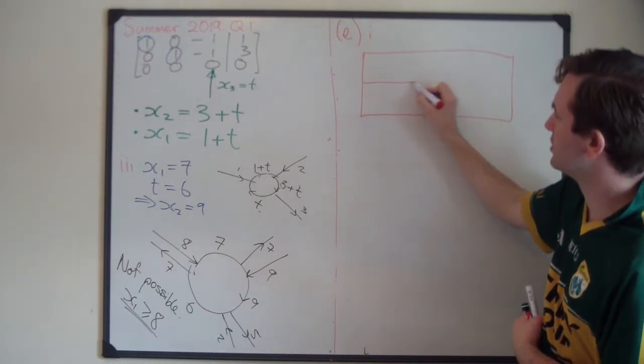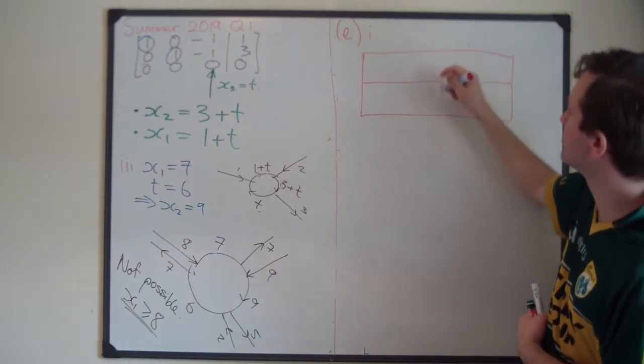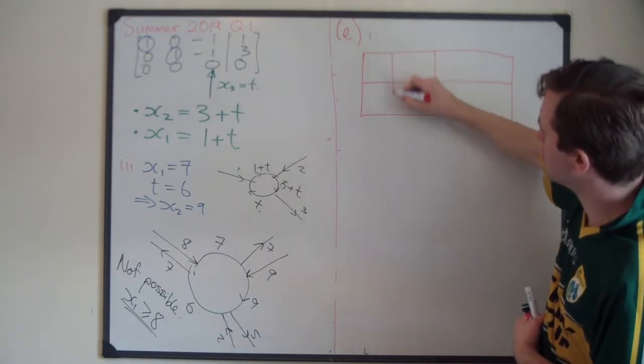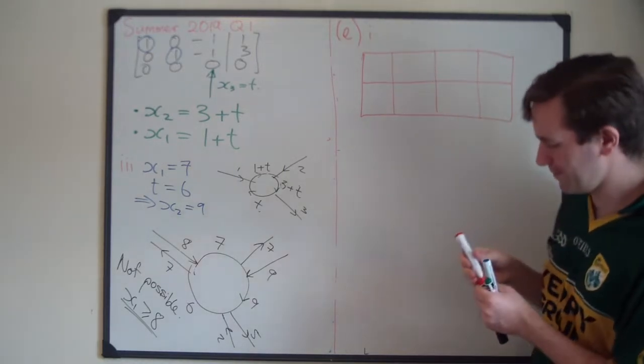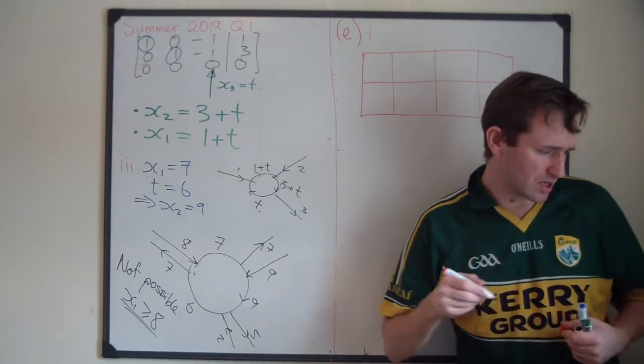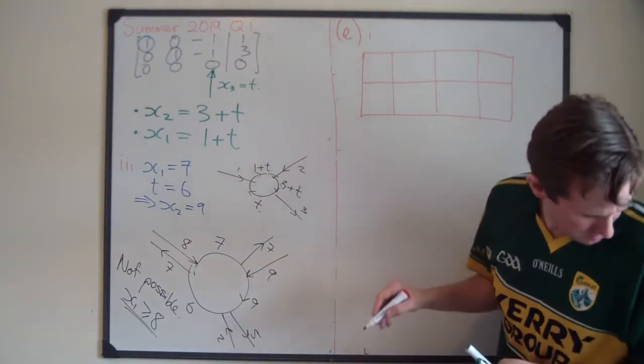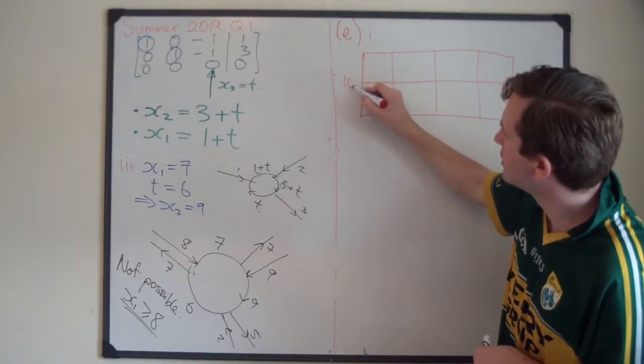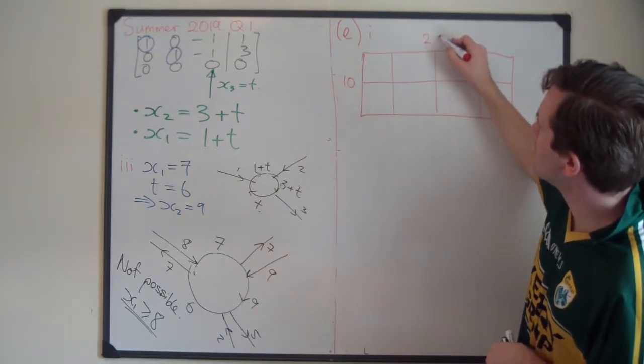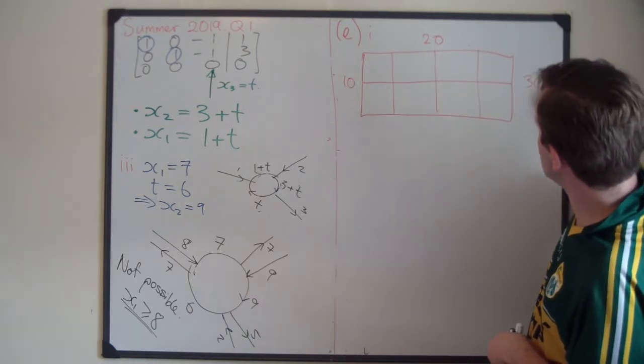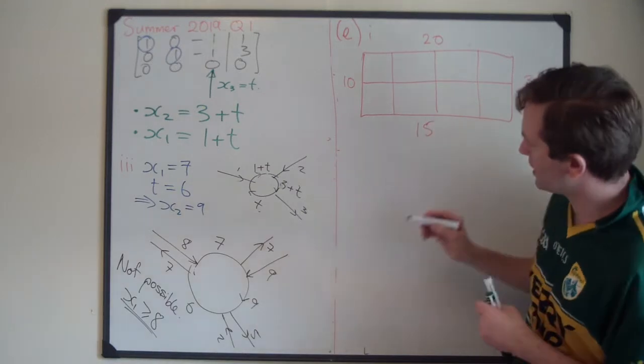And that means you can grid it like this. So that's your 2, and if it's 4, you can go like that. Okay, and it's got some boundary temperatures, 10, 20, 30, 15. 10 all along this face, 20 along this face, 30 along this face, 15 along this face.